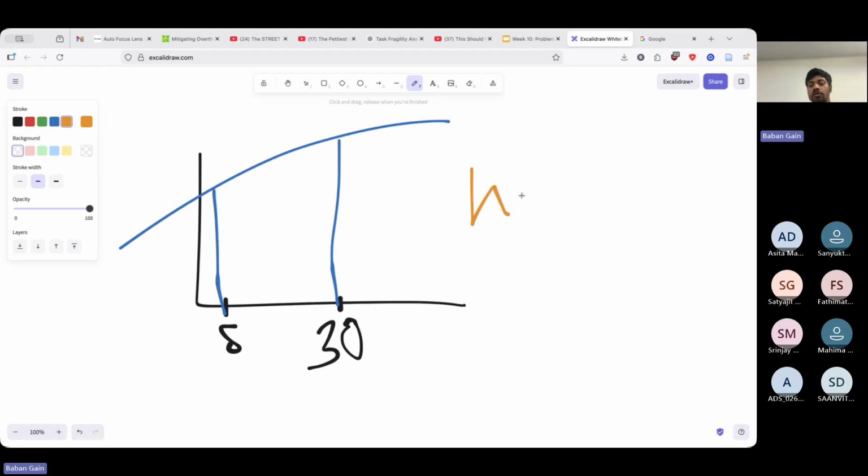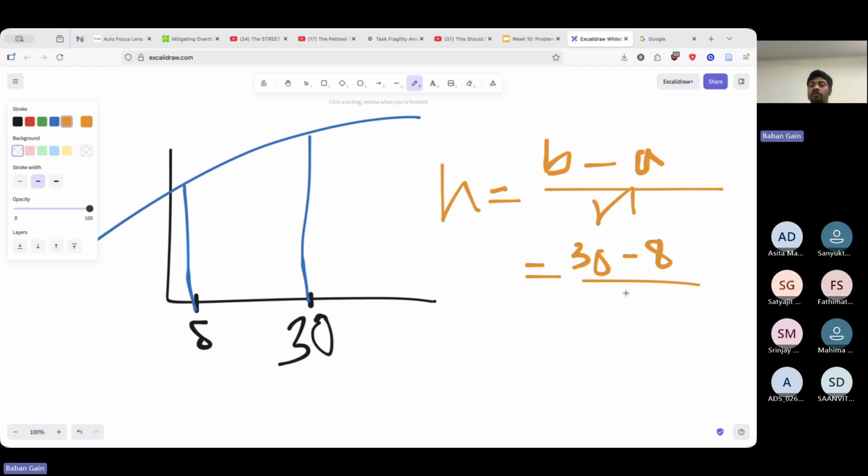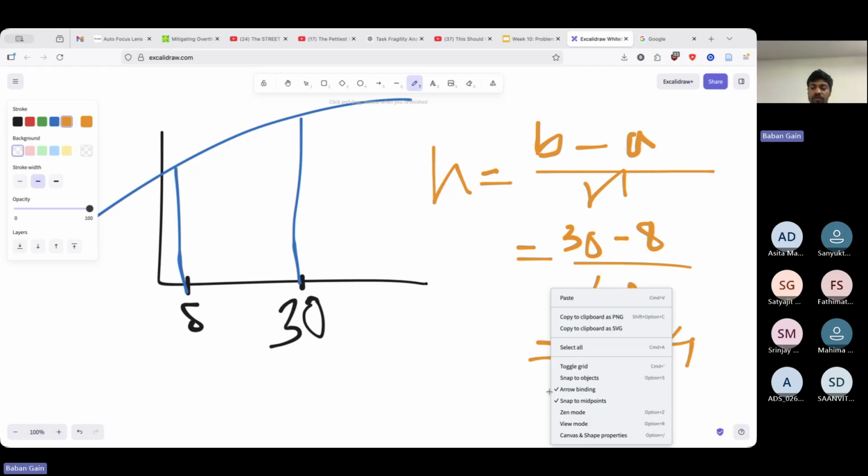This is basically end minus beginning divided by n. So if we take 4 steps, 30 minus 8 divided by 4, which is 22 by 4. 22 divided by 4 is 5.5.